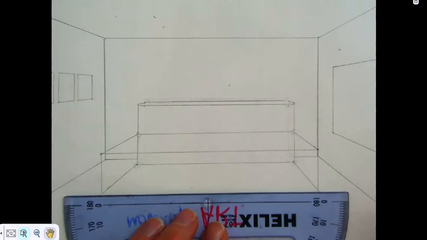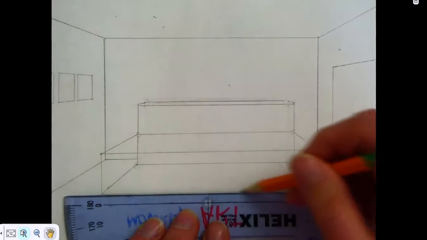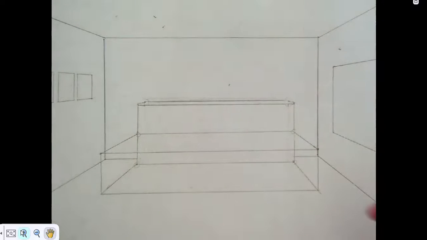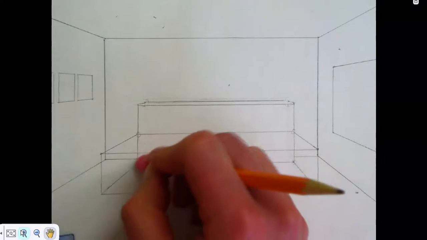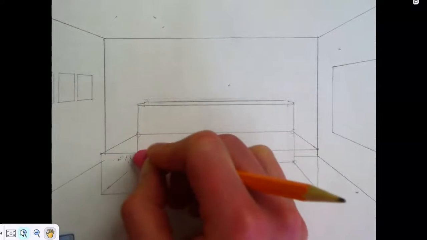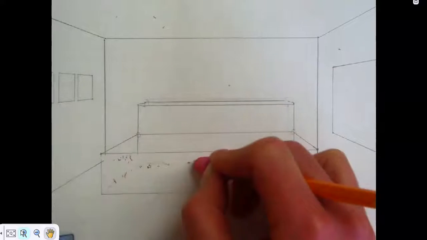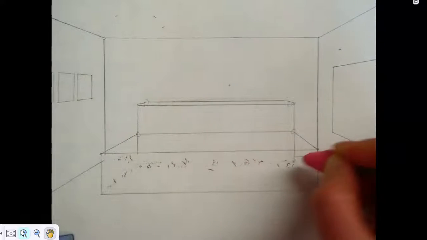This one could be slightly off. You want to just stay horizontal and parallel to the rest of the lines in your couch. Okay, so now I have another see-through part that I need to erase some things out of. Okay, so I'm going to go through and I'm going to erase everything that would make this box see-through.